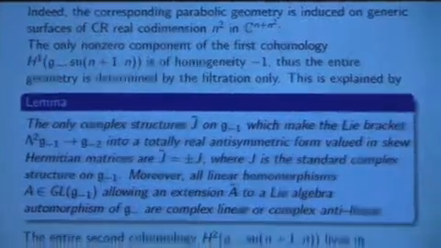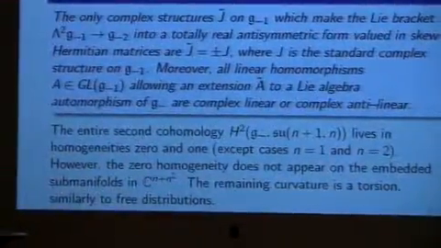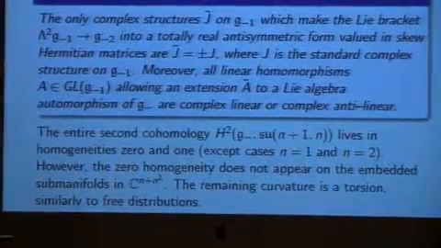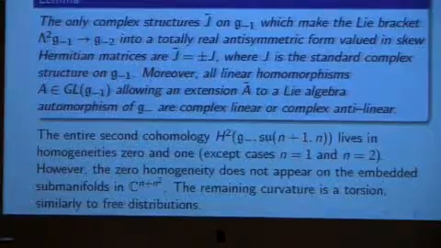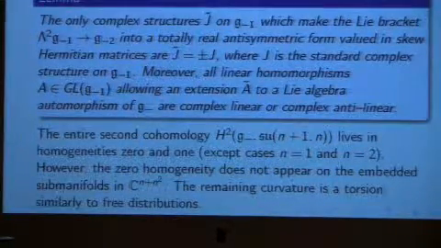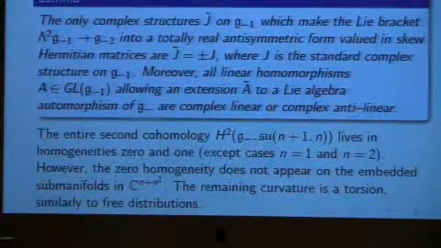The next point is also very interesting, because if you compute the second cohomology, you find out that there is one component in homogeneity 0 and one component in homogeneity 1.